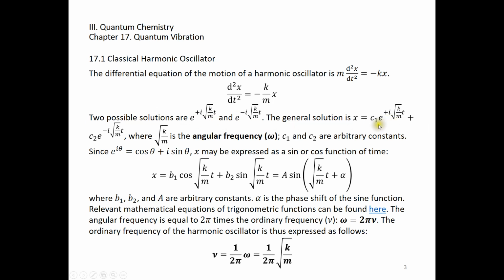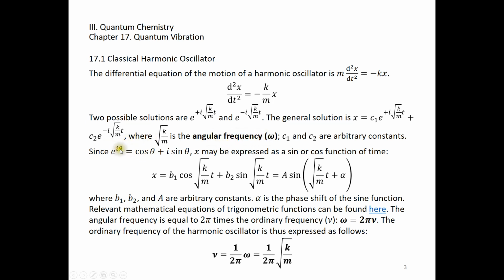So we have two coefficients here, c1 times e to the power of plus i square root of k over m t, and c2 times e to the power of negative i square root of k over m t. The square root of k over m is the angular frequency, omega. c1 and c2 are just constants.